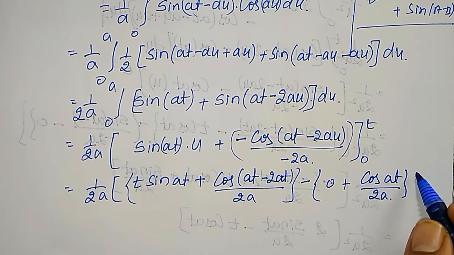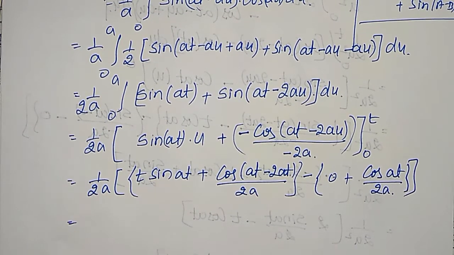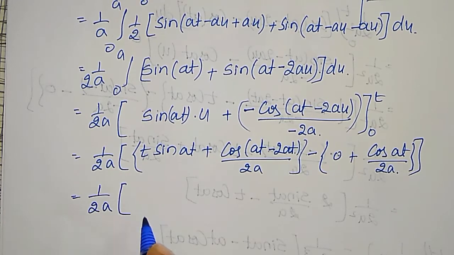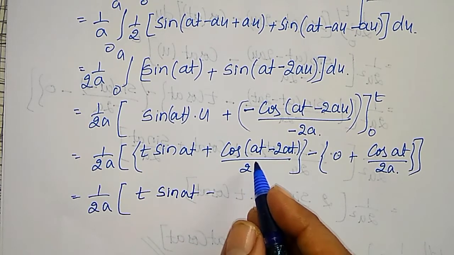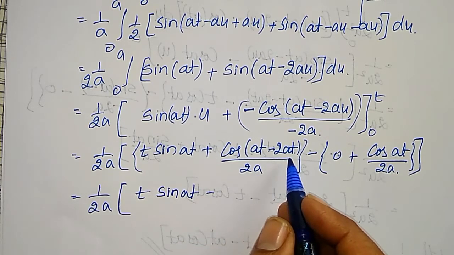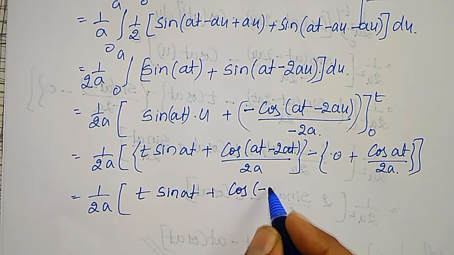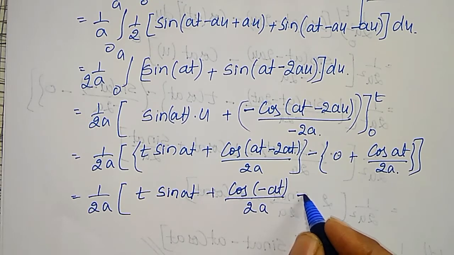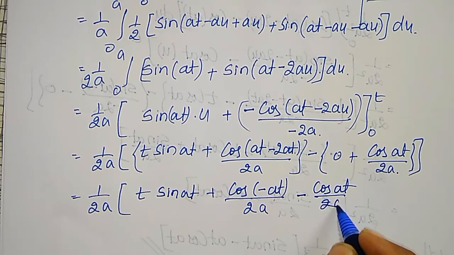Now 1 divided by 2a into t sin at, and here cos of (at minus 2at) will become plus cos of minus at divided by 2a, minus cos at divided by 2a.